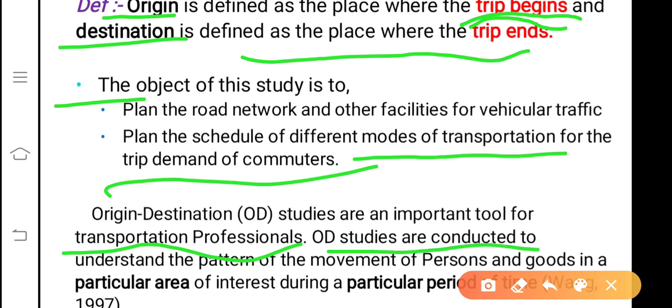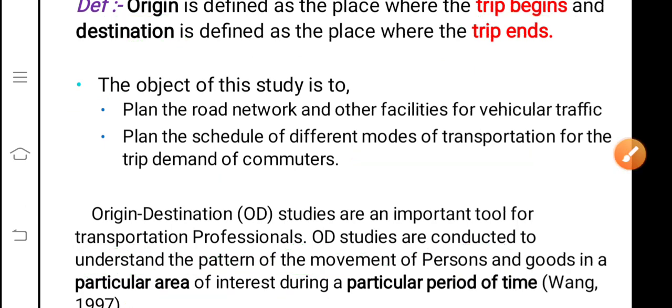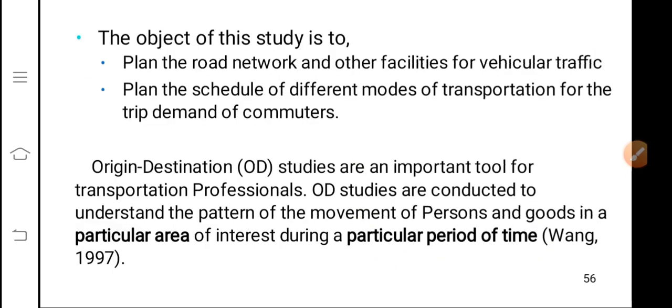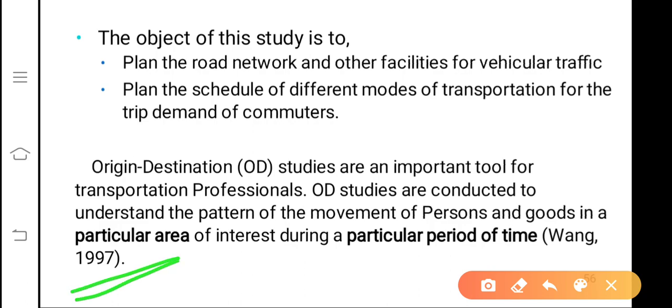OD studies are conducted to understand the pattern of the movement of persons and goods in a particular area of interest during a particular period of time. This is said by Wang in 1997.